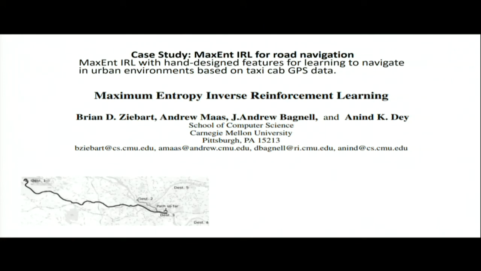So they had data from human drivers, actually taxi cab drivers, navigating the city. I believe it was actually Pittsburgh. They basically took the street network, encoded it as an MDP, where the actions are the individual turns that you make at intersections. So it's a discrete state space and discrete action space. And it's a large discrete state and action space, but it's still quite tractable, meaning that you can have a giant table of all the possible intersections and all the possible streets.